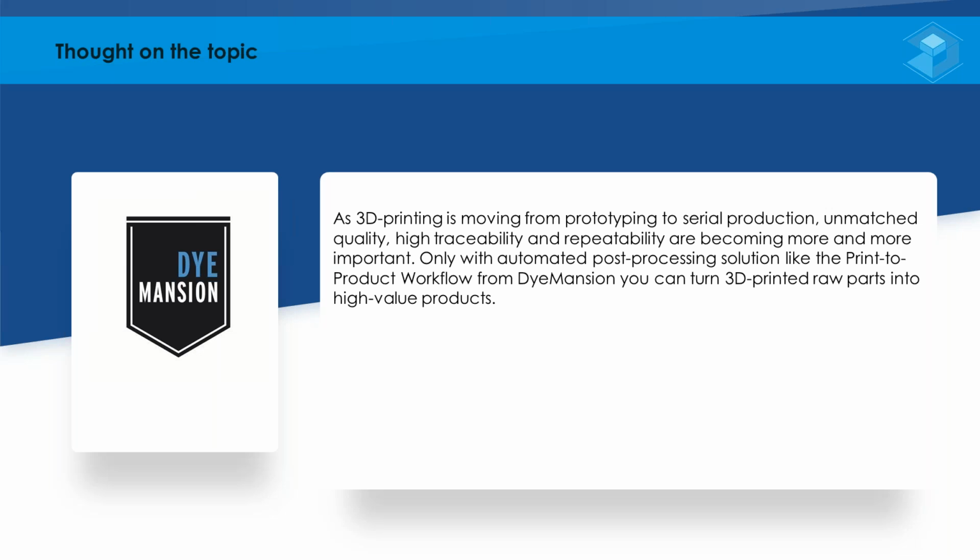As Rahul has already illustrated in the first session, there are different kinds of post-processing steps needed. The parts coming out of the 3D printer are still raw parts.